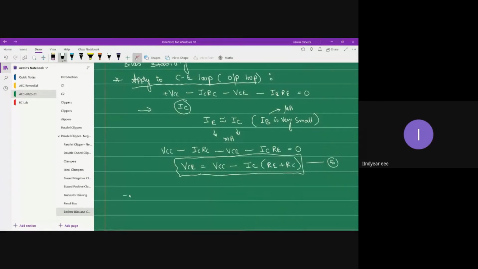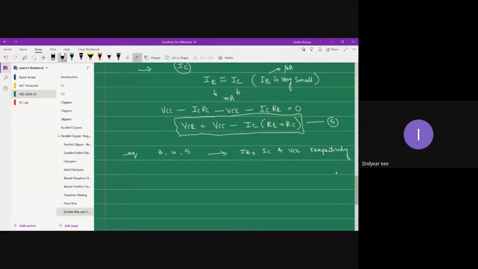So equations 3, 4, 5 talk about the expressions for IB, IC, and VCE respectively. All right, so this is how we apply KVL and find out the various transistor terminal voltages and currents.